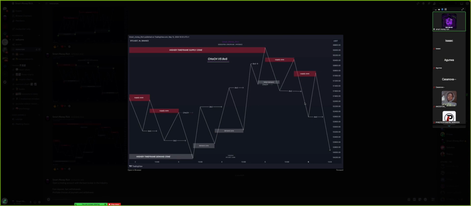But a change of character is different. A change of character can only be found once in the market. Once. And it will always be found within a supply or a demand.